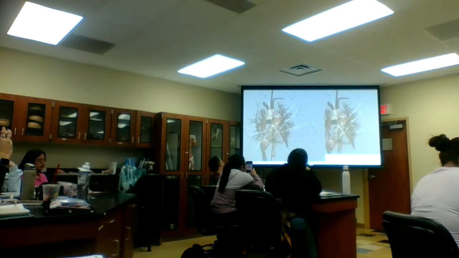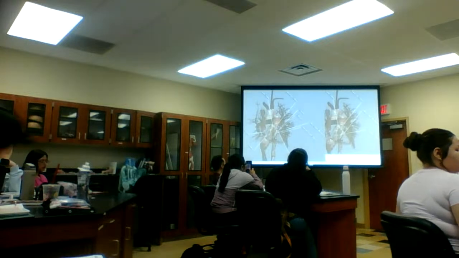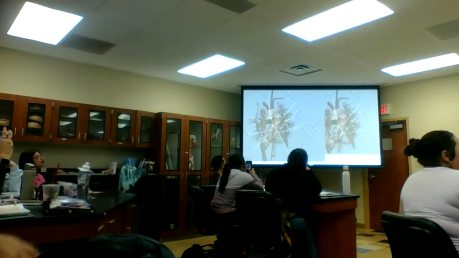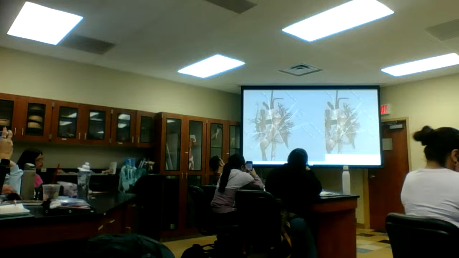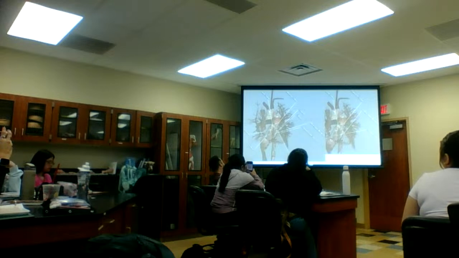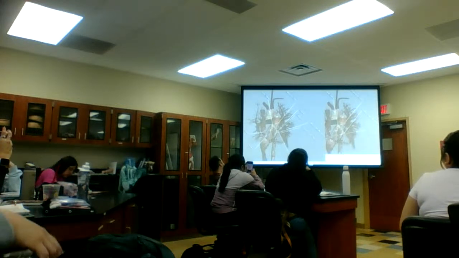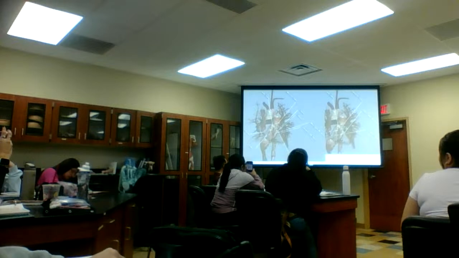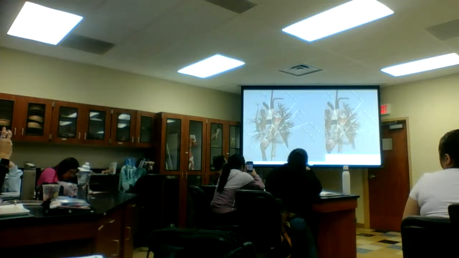So, making the heart disappear was the easiest way to show the valves. And of course, you can see all the big vessels coming in: the aortic arch, the brachiocephalic artery, the left common carotid artery, the left subclavian artery, superior vena cava, inferior vena cava, the descending thoracic aorta, the descending abdominal aorta. This bad boy in the back, from the pulmonary trunk, you would go to the pulmonary arteries, which is this bad boy here.